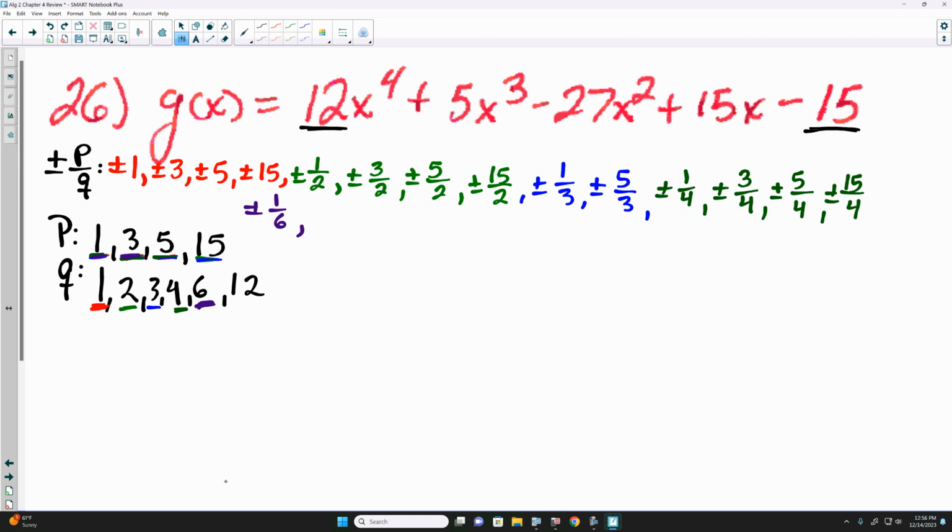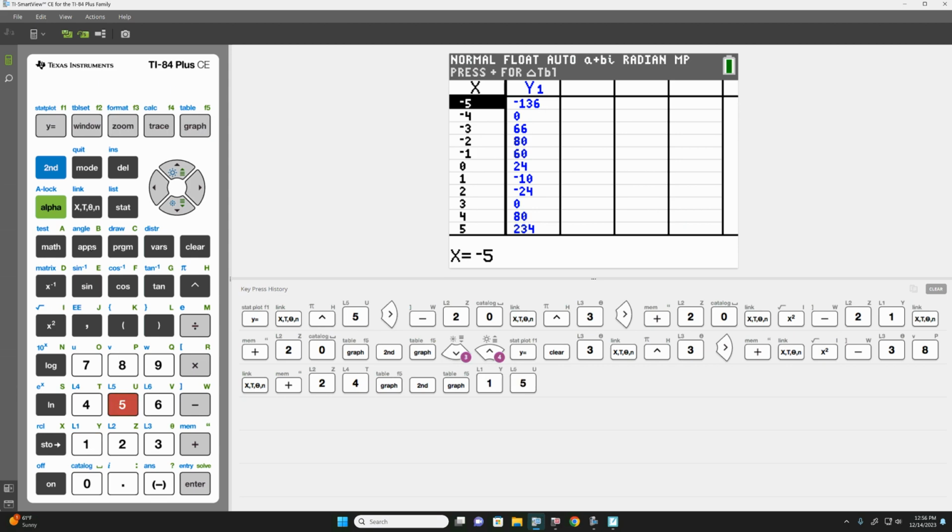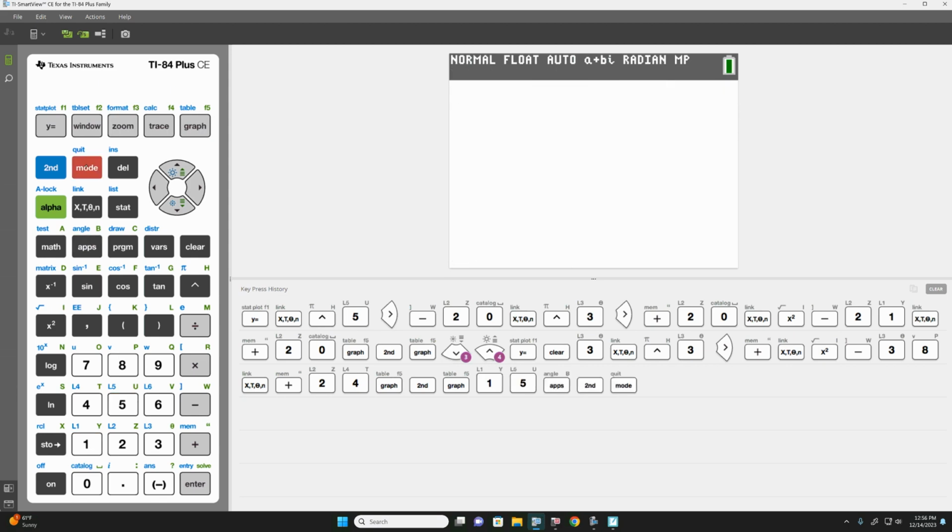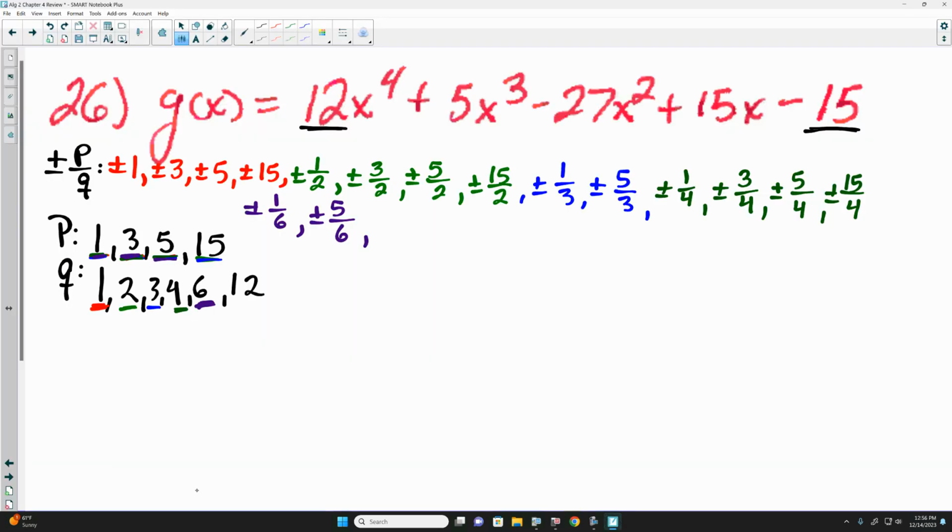And yes, the 1/2 is listed, so we don't have to write it again. 5 over 6 doesn't reduce, so we list it. 15 over 6 reduces to 5/2, and we already have it. That's the last one for it there.